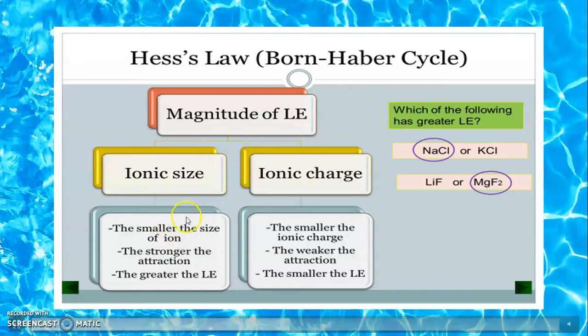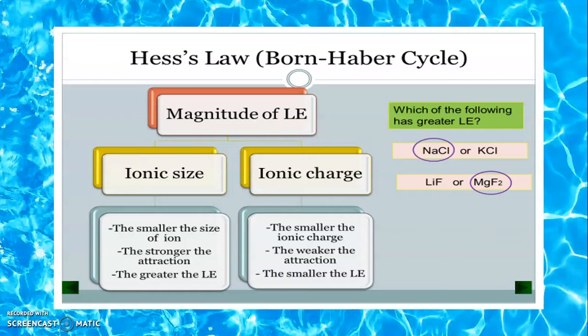When we talk about ionic size, please recall what you have learned in Chemistry 1 about the trend in ionic size and the factors that affect ionic size. So now, when we're talking about magnitude of lattice enthalpy, the ionic size affects the magnitude or the strength of the lattice enthalpy by affecting the strength of the attraction between the ions.